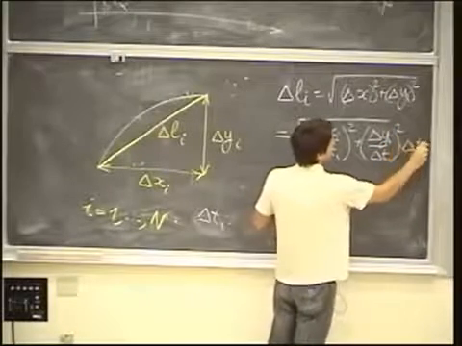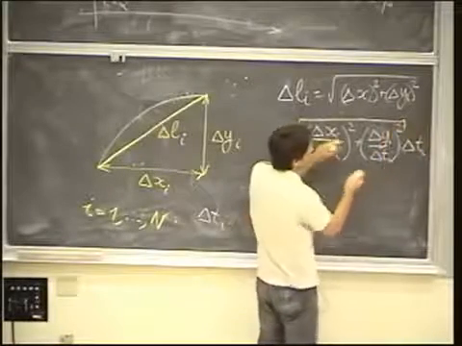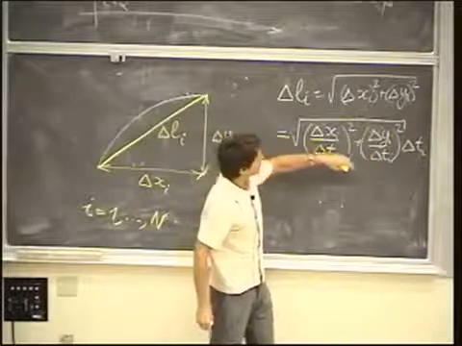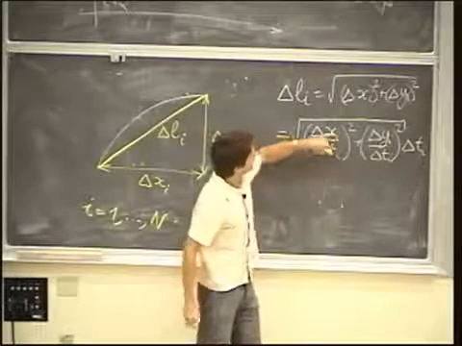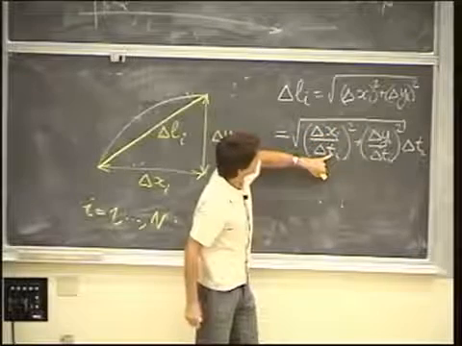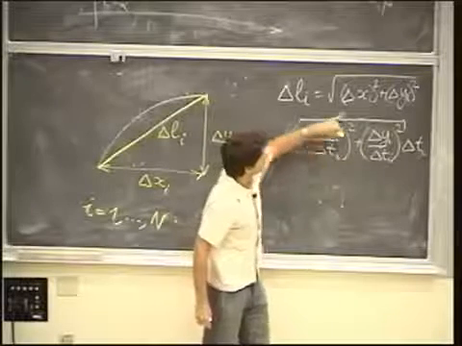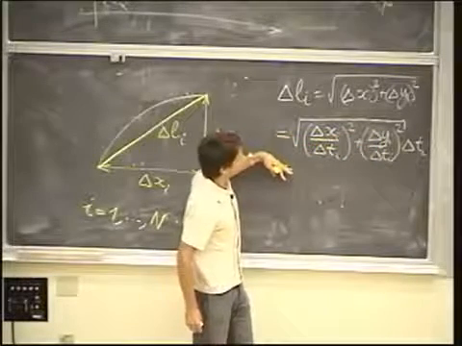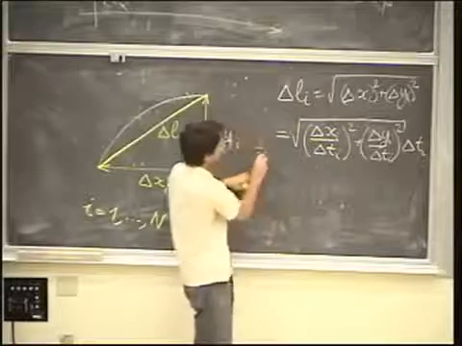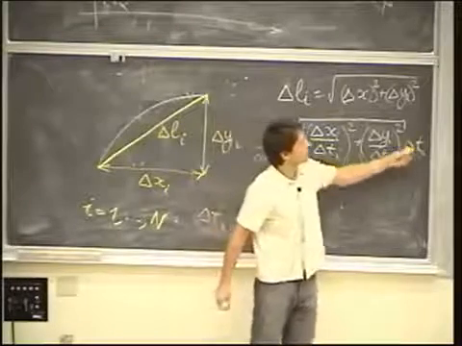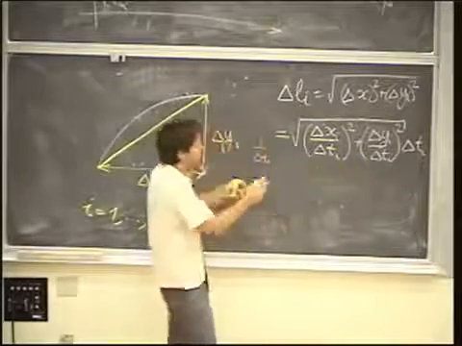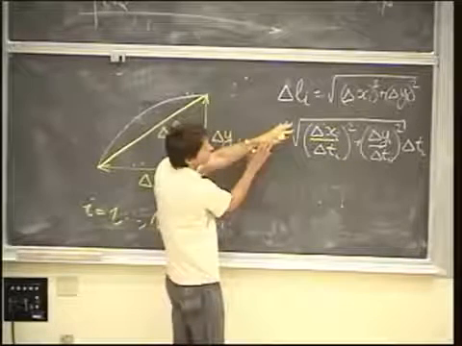And I also multiply by this. So here I am dividing. I have a square root, but in each square I divide by delta ti. So the net result is that I'm dividing by delta ti. But then at the same time I'm multiplying by delta ti, so the result is the same. But this form will be more convenient for us.